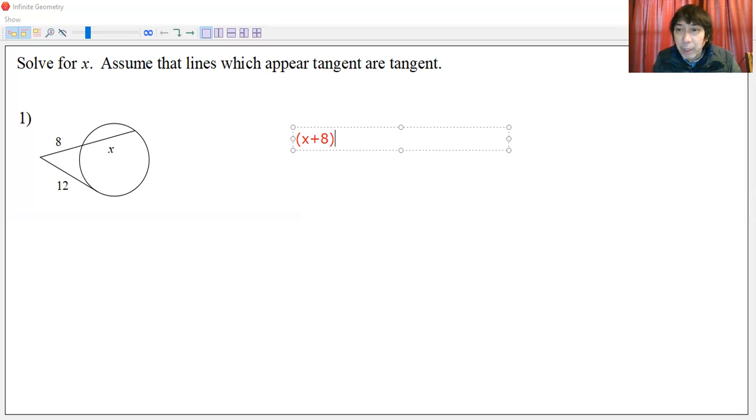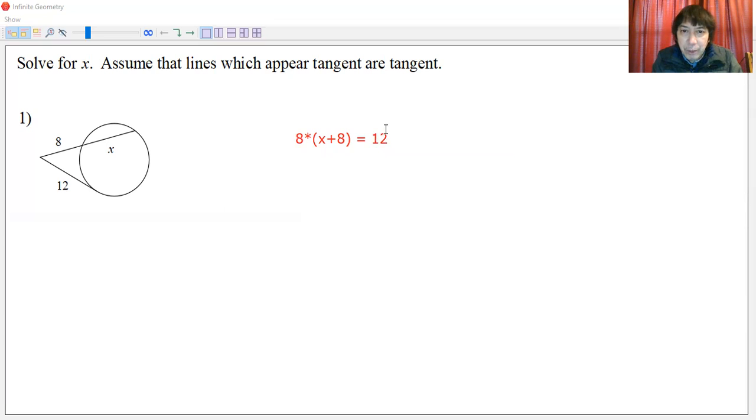Multiply this by the external segment of the secant, which is 8. So 8 times x plus 8 is equal to the square of the length of the tangent, which is 12. So this is equal to 12 squared.